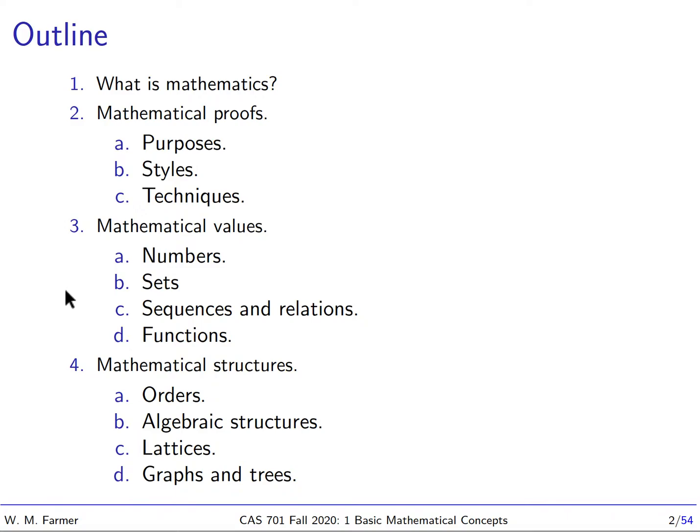Then we'll go on to a survey of different kinds of mathematical values. These will include numbers, sets, sequences, relations, and functions. And finally, we will survey mathematical structures, and we'll focus in particular on orders, algebraic structures, lattices, graphs, and trees.